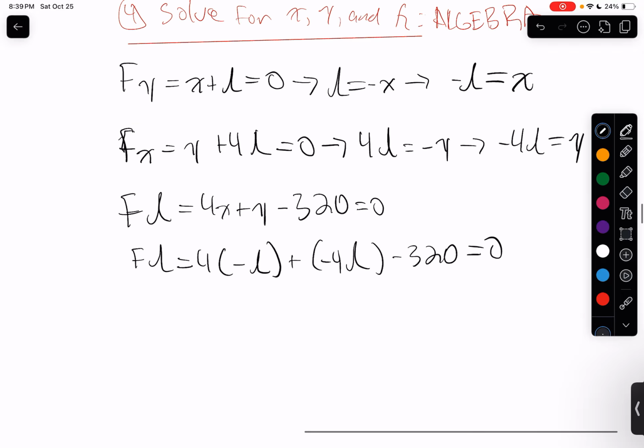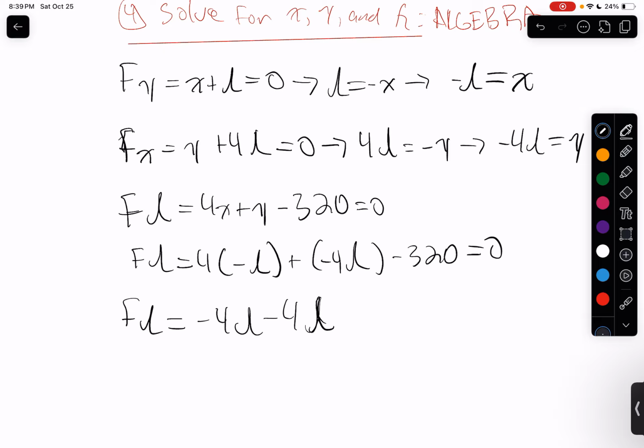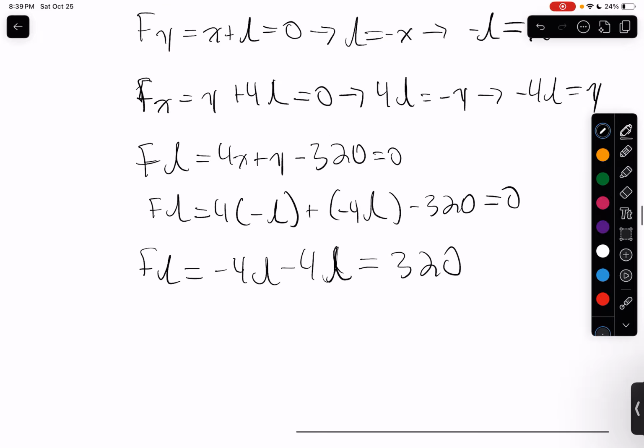So we do some solving with algebra, like I said, and that's going to give us negative 4 lambda minus 4 lambda equals 320, which equals negative 8 lambda, which equals 320.